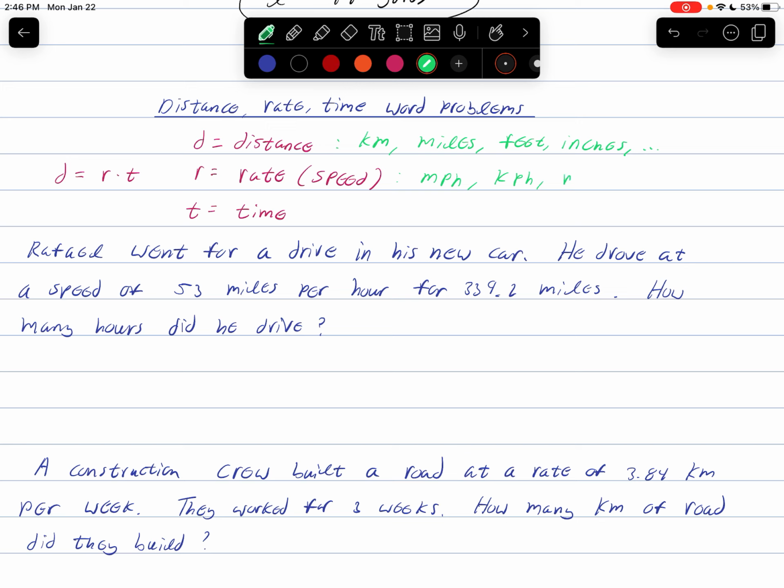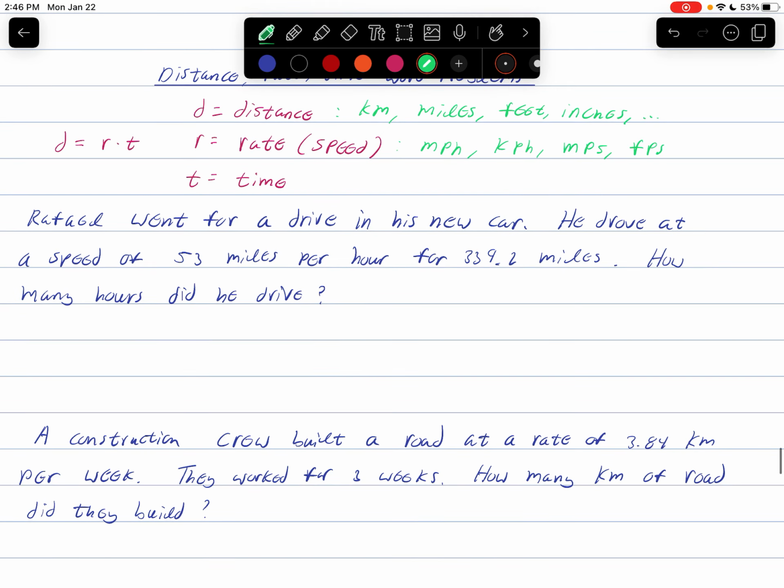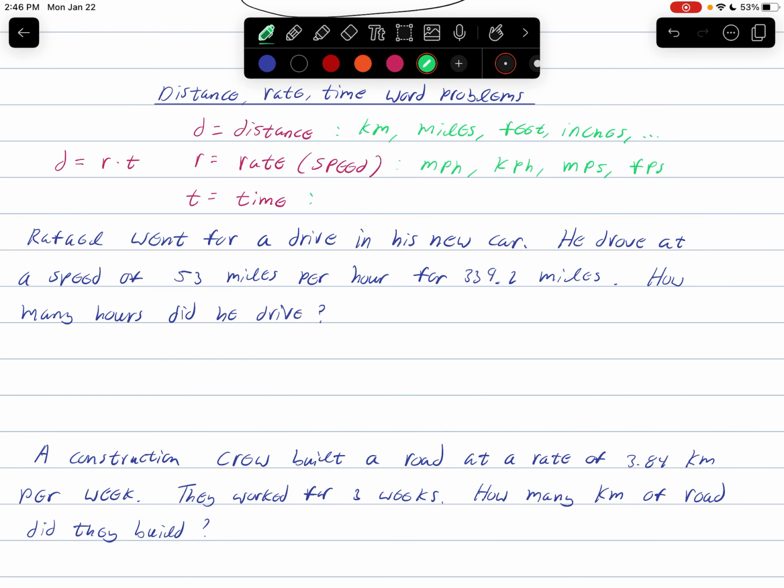Sometimes we see meters per second, which might be mps, or feet per second, fps. These are oftentimes abbreviated. So usually it's a unit of distance by a certain amount of time. And then lastly we have time. This is usually seconds, minutes, hours, so on, some amount of time measured.